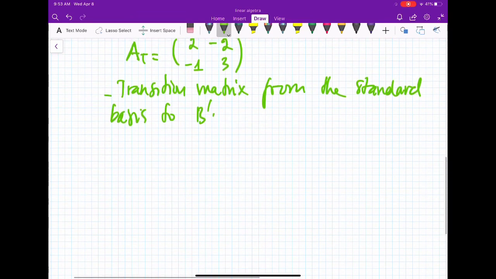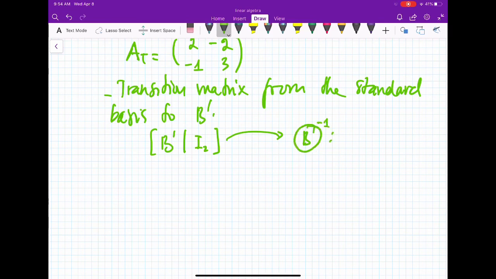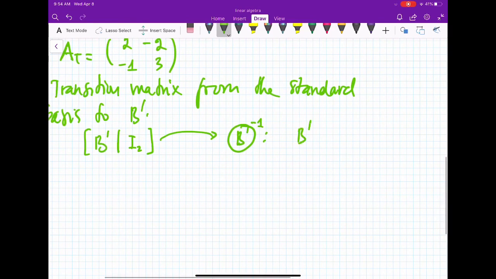You need to write B prime here, and then here is the identity, because that is the standard matrix. So basically you need to find the inverse of B prime, right? Where we say B prime is what?